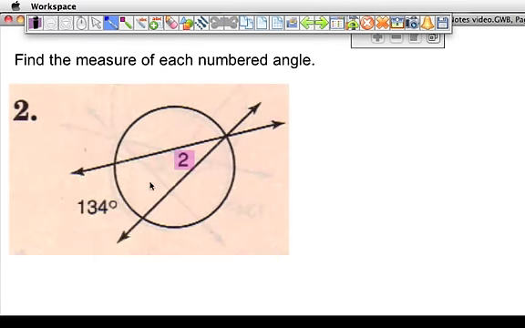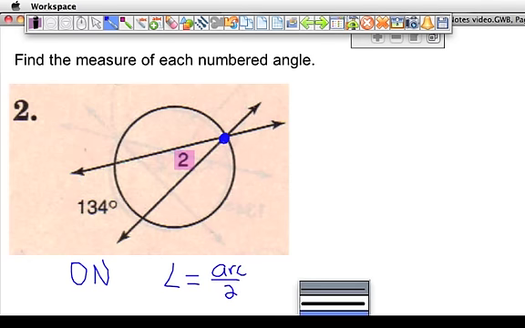This one is right on the circle. The rule is that the angle equals half of the arc. So all you have to do is find the arc. The arc in this case that you care about is the one that's inside the boundaries of the angle, so it's this one. The arc is 134.